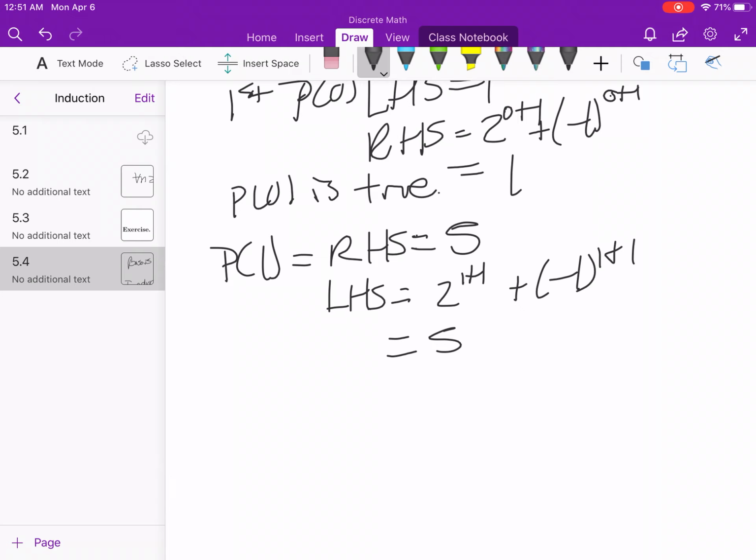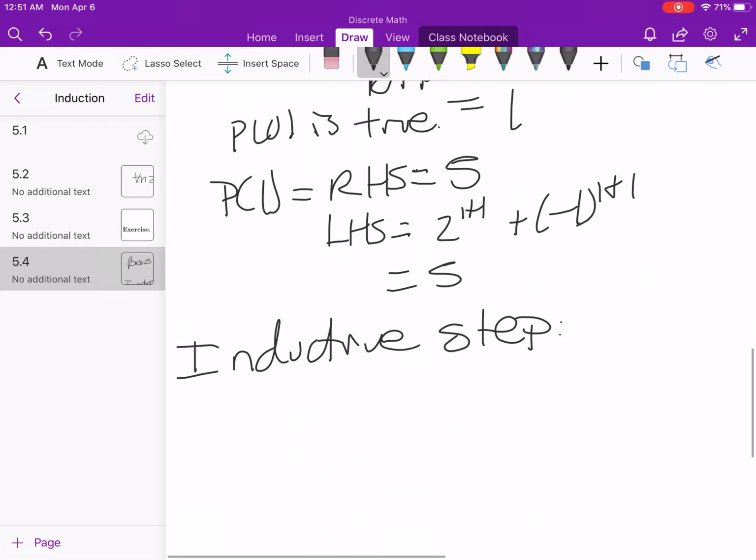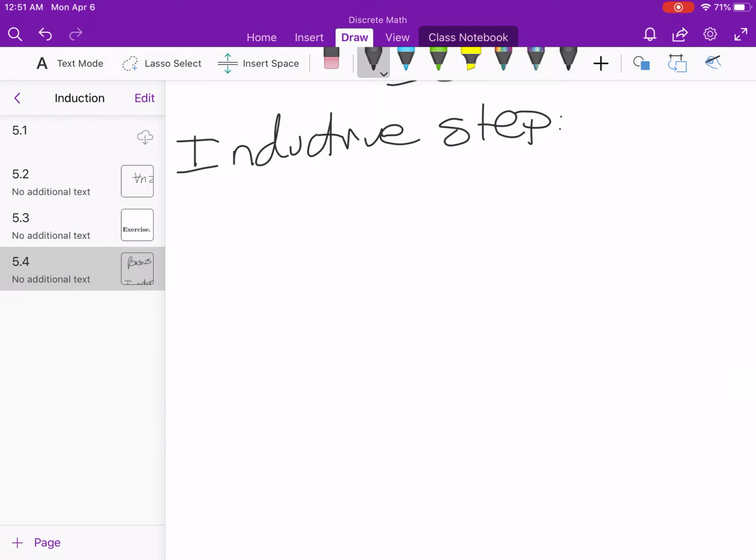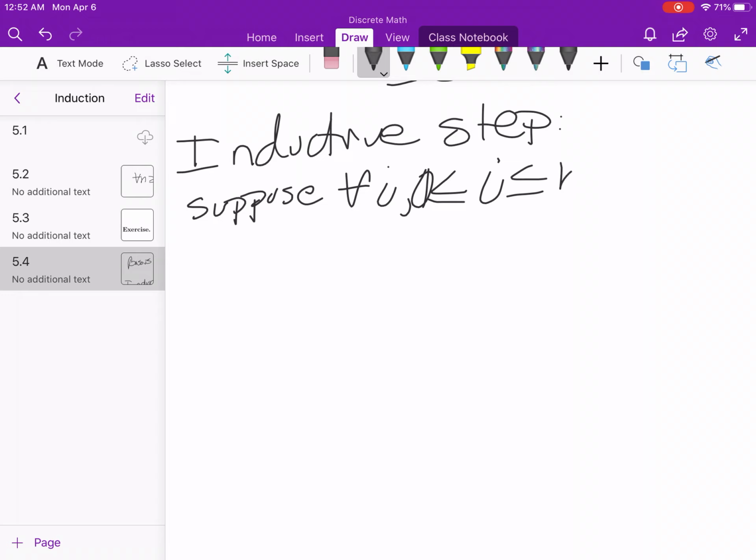Now for the inductive step. Now for this, remember, suppose for all values of i, I guess from 0 because our index started at 0, so i between 0 and k, I want to suppose that P of i is true.